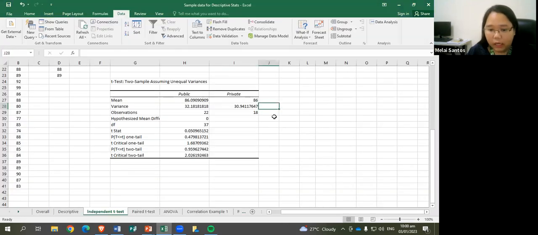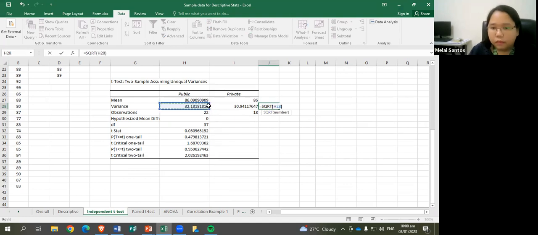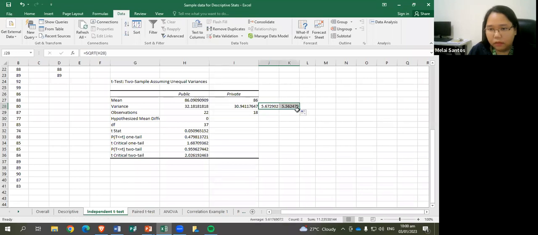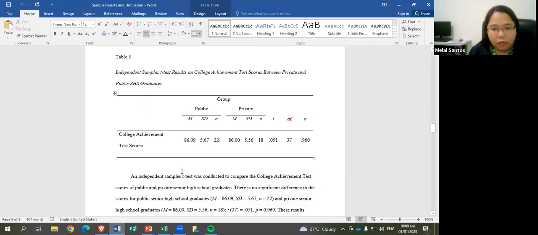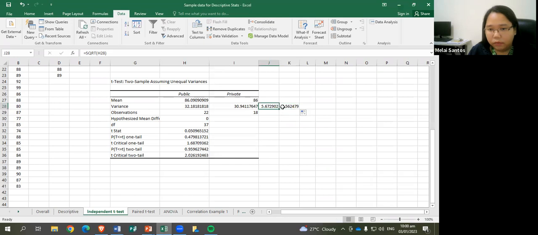Square root function, SQRT. And then copy. Okay. Is it the same? Same value. 5.67, 5.56. Same value.